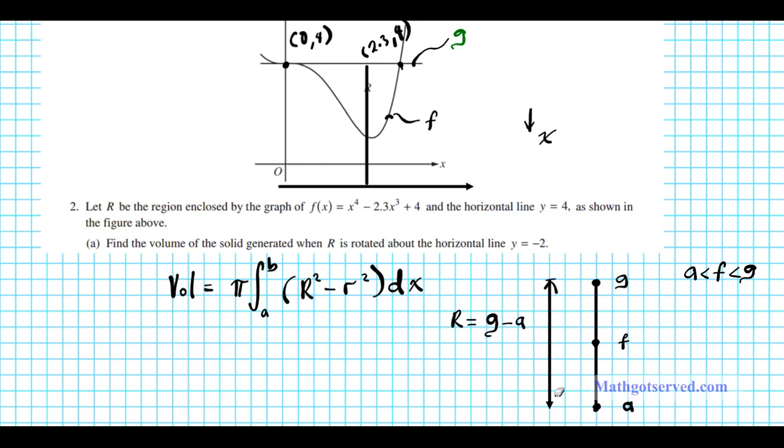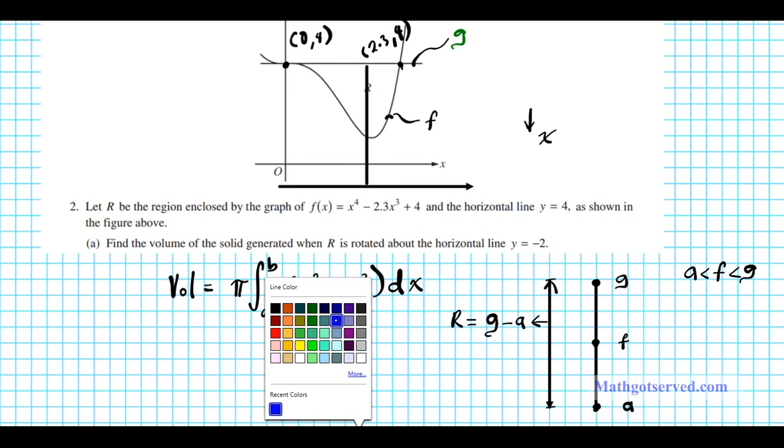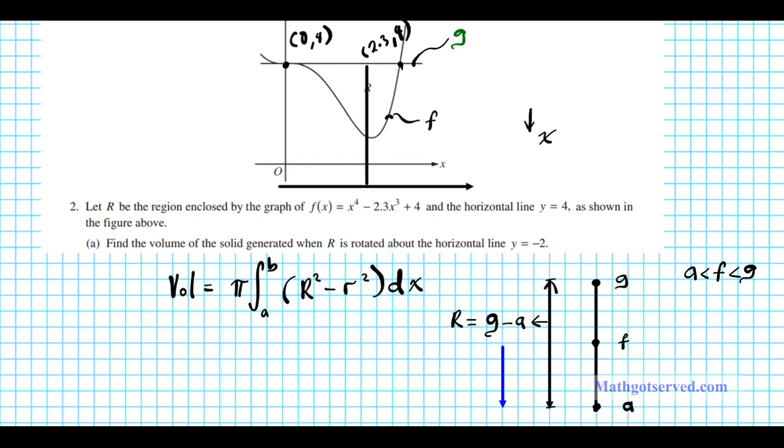Okay, now let's look for what our inner radius is. Let me change my colors here. Let's use blue. Inner radius is basically the length from here to here. There's a dotted line.